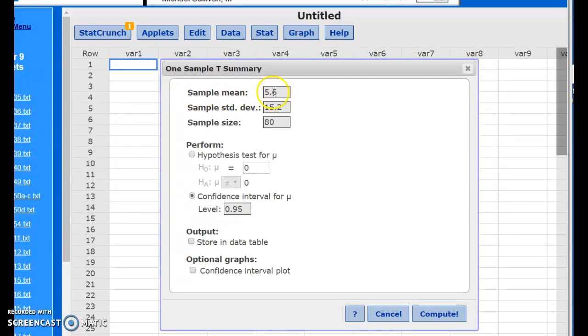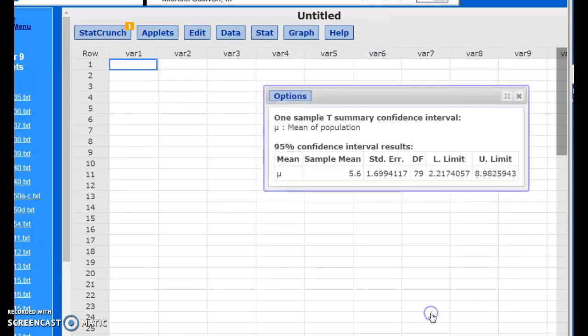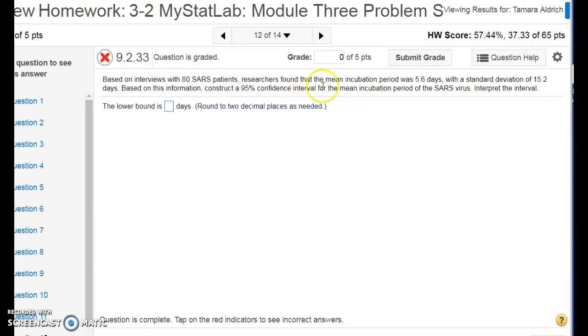But then our lower bound will be a little bit below 5.6 and our upper bound will be a little bit higher than 5.6. So here it is, 5.6 is right smack dab in the middle of our lower and upper limit, but we're 95% confident that for the entire population, the mean incubation period will be between that lower and upper limit.